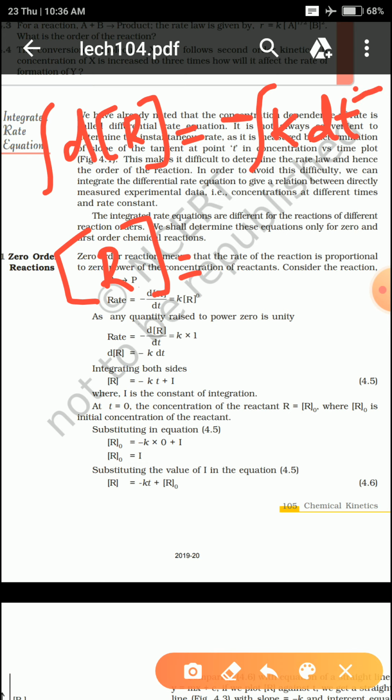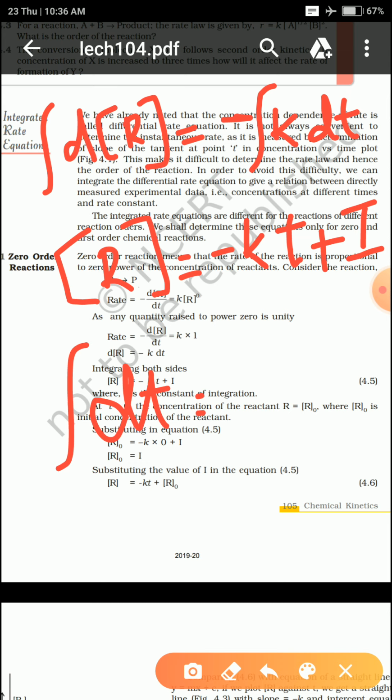The variable is t, so we change it in terms of t. K is a constant, so for minus K dt, the integral of dt will be t, plus I. How do you get it? The integration of a constant means the constant times the variable.